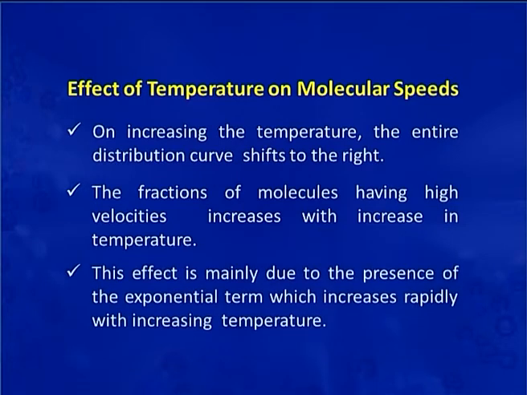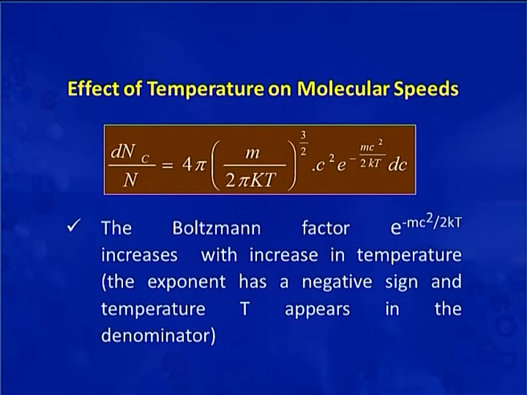This effect is mainly due to the presence of the exponential term, which increases rapidly with increasing temperature. In the Maxwell distribution equation, the Boltzmann factor, that is e to the power minus mc square by 2 kT, increases with temperature, as the exponent has a negative sign and temperature T appears in the denominator.